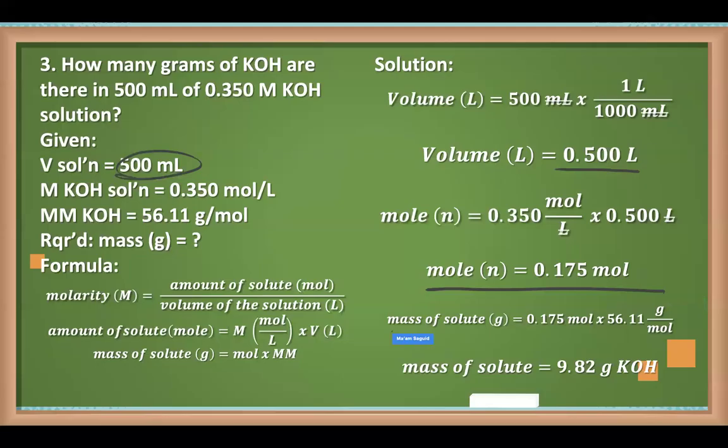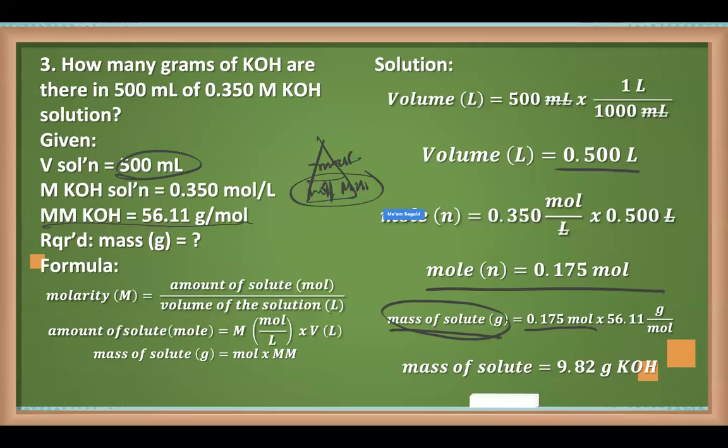And the mass of the solute, which is the unknown, we will get because we need to convert the mole into the mass of the solute by multiplying 0.175, which we got from the formula, by 56.11, which is the molar mass of potassium hydroxide. We multiplied it because in our triangle again, to get the mass, multiply the mole and the molar mass.